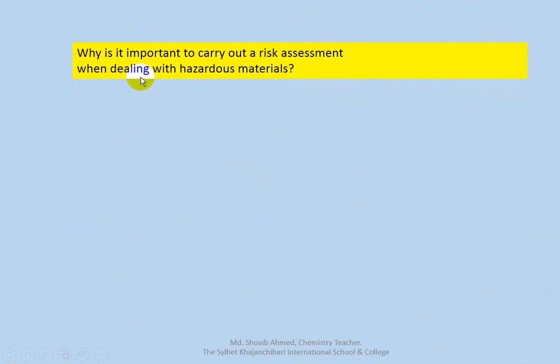Why is it important to carry out a risk assessment when dealing with hazardous materials?